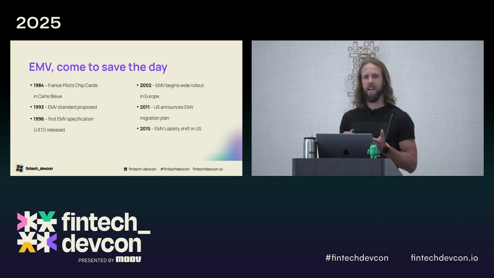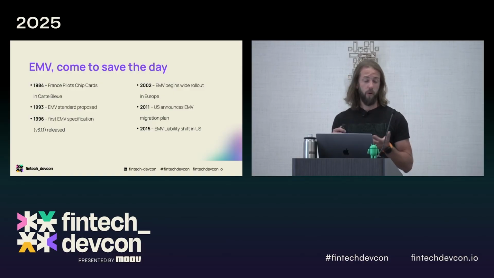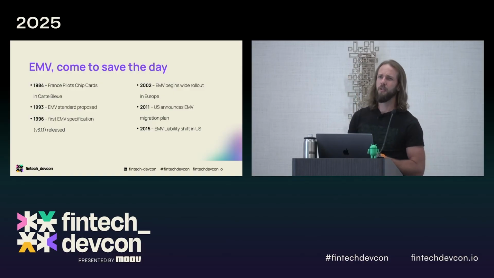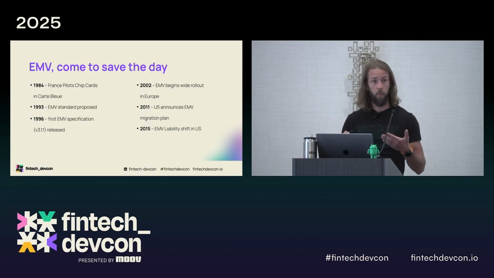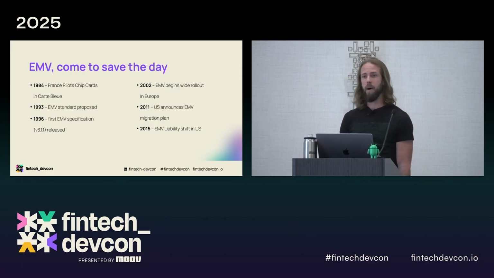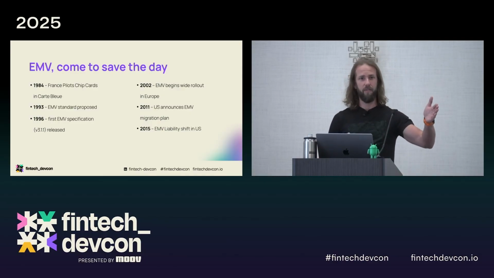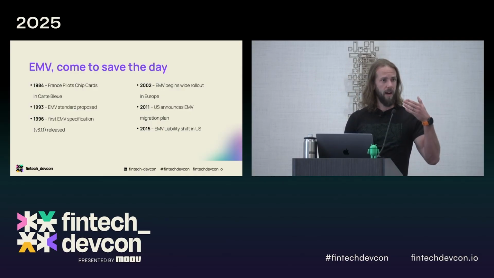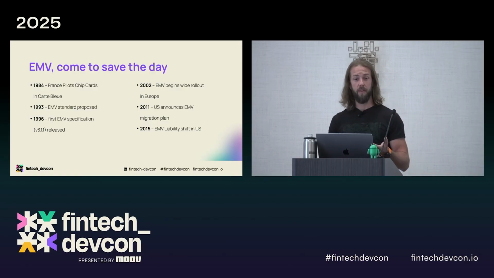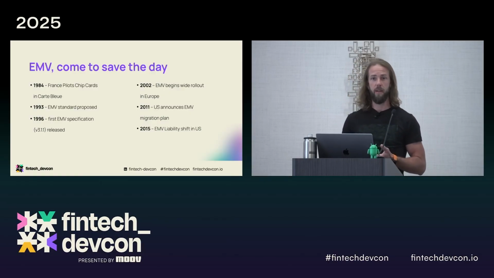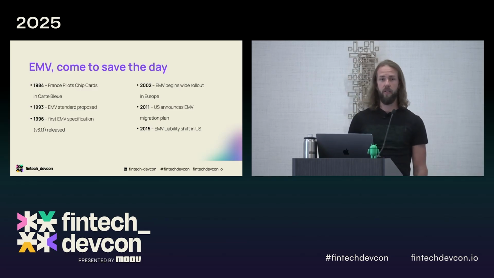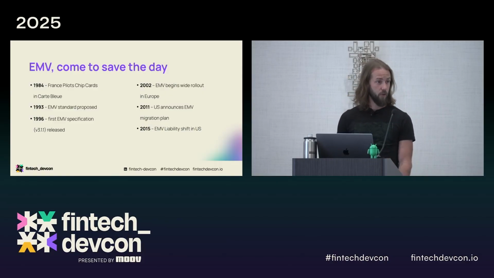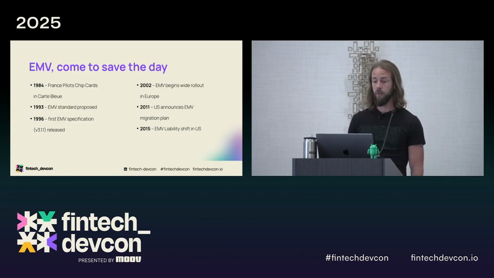This was their stick, or carrot, probably a stick, to encourage merchants to accept the cost and the trouble to upgrade their terminals by stating that at this date in the future, if you are not able to accept EMV, then you will be liable for certain types of fraud that come through you as a merchant. So that lit the fire under the collective butts of the merchants to just choke down that cost, get new terminals installed, and move on to our future.